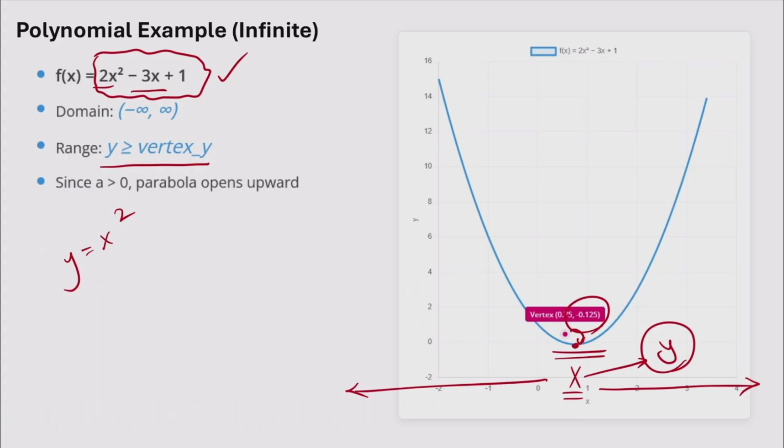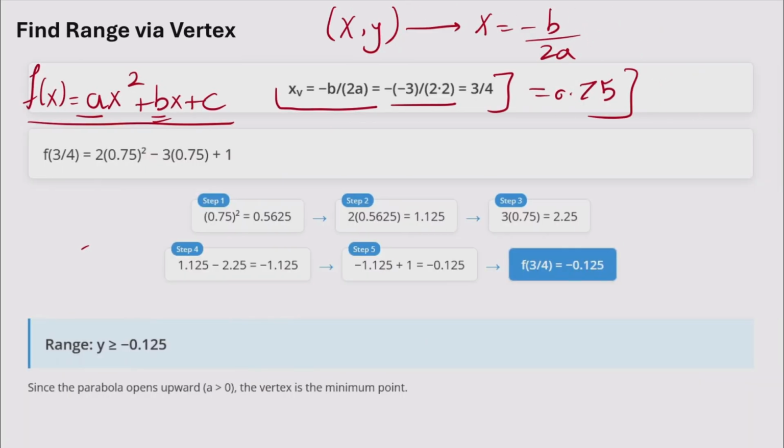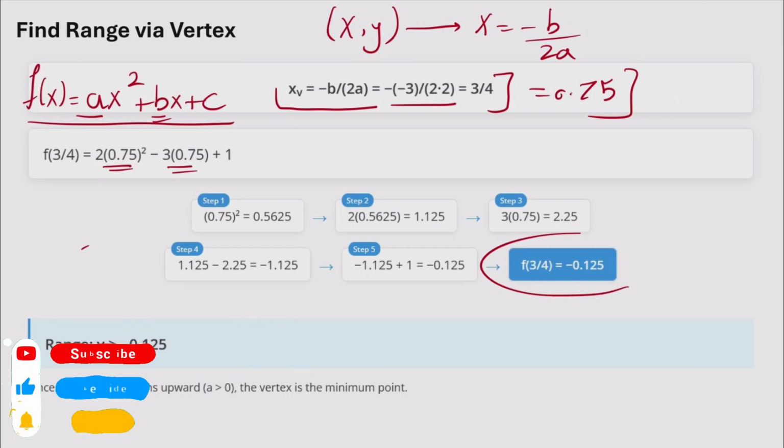How can I find the y, or the f of x? Easy. The only thing I have to do is put that specific number in the rule itself, and you can see my y is going to be this number.